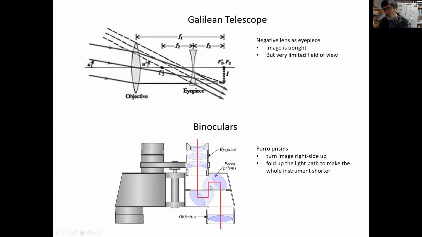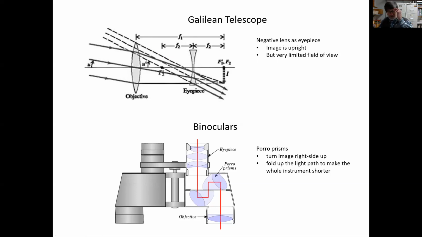They actually go through 4 reflections inside here, and they turn the image right side up.